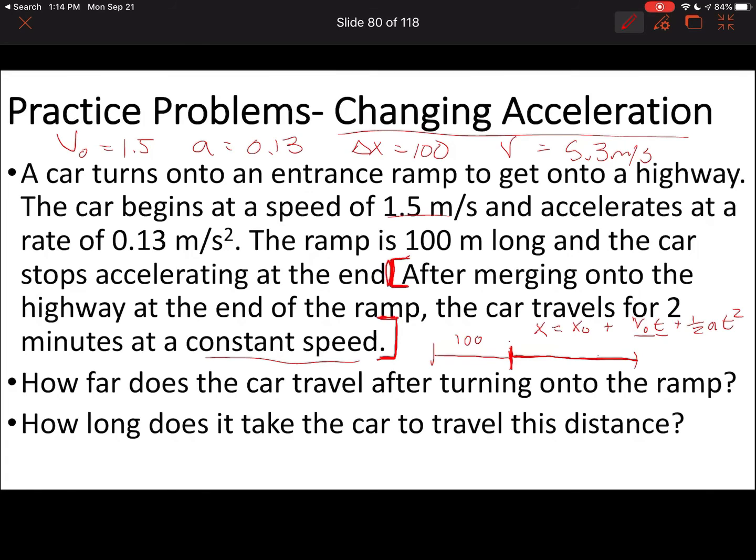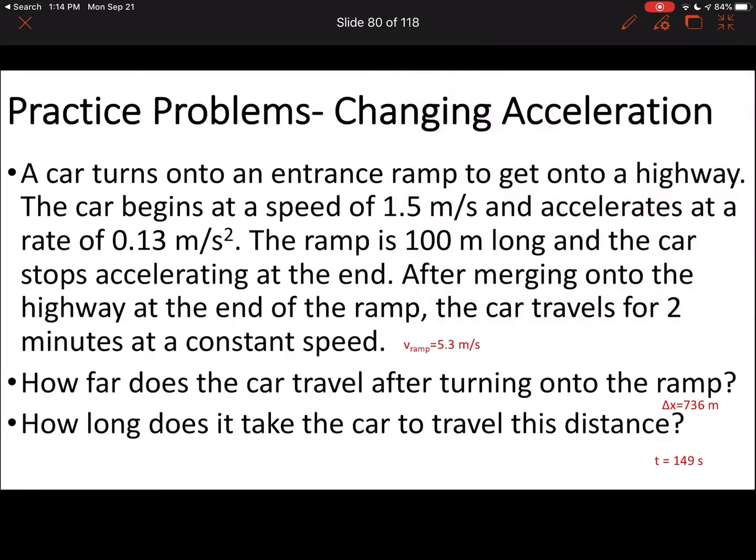We are going to do this for 120 seconds. And our acceleration during the second part is 0. So we 100% can use this equation. Anyway, we come out with about 636, because then we add 100 to it. And we end up with a total displacement of 736.